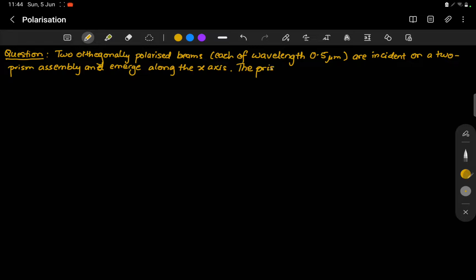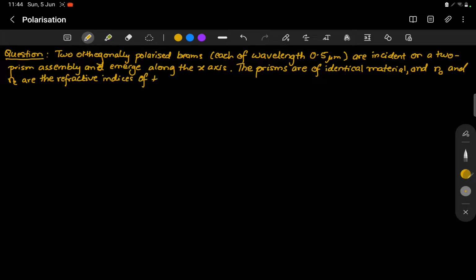The prisms are of identical material, and NO and NE are the refractive indices of the O ray and E ray respectively.